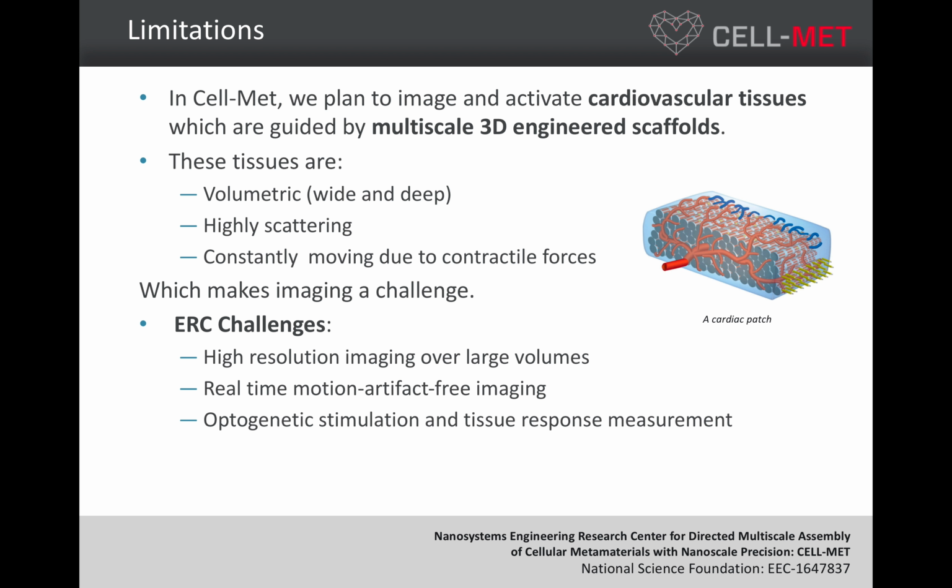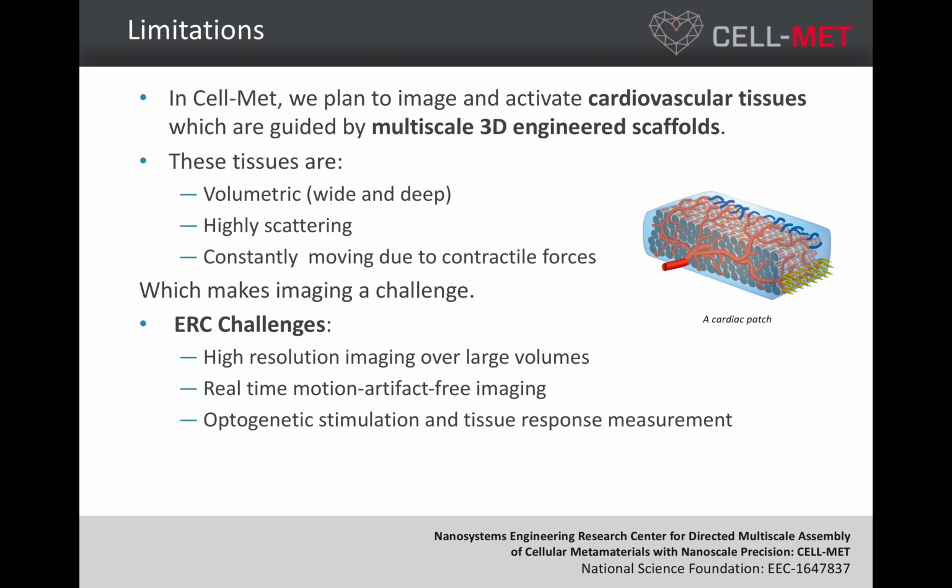The second thing is that since it is inside a beating heart, it will be constantly moving due to contractile forces. All of these factors make imaging a big challenge in CellMat.